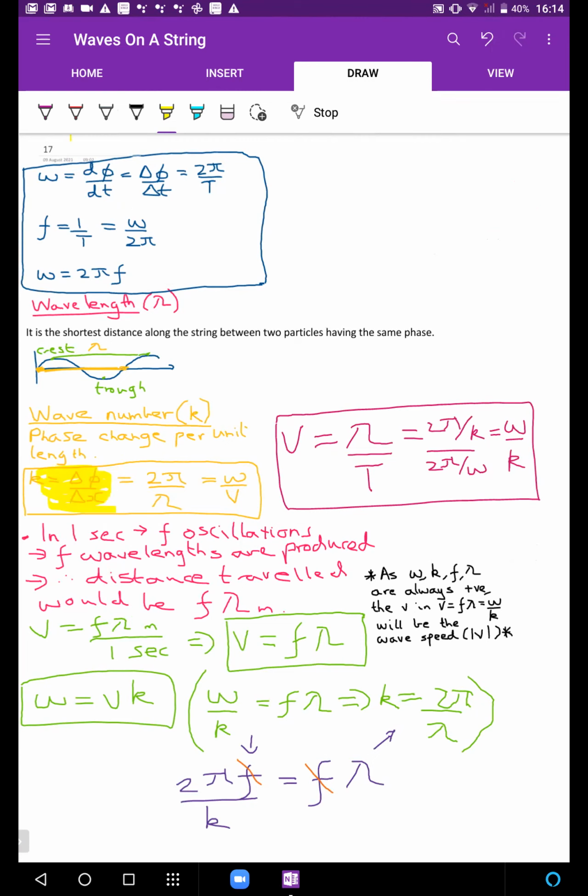So omega was delta phi by delta t, rate of change of phase with respect to time. k is rate of change of phase with respect to distance. So it's delta phi by delta x. So that also comes out to be omega by v. Velocity is lambda by time, velocity is f lambda, omega is v into k. These are all equations you should be familiar with.